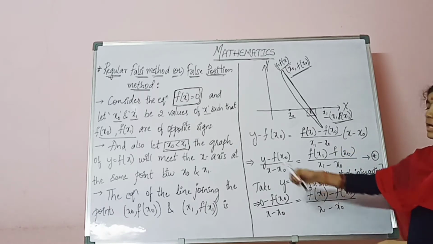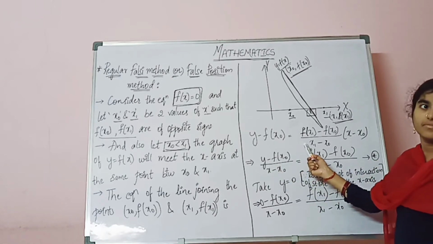This is the formula for the line joining two points.